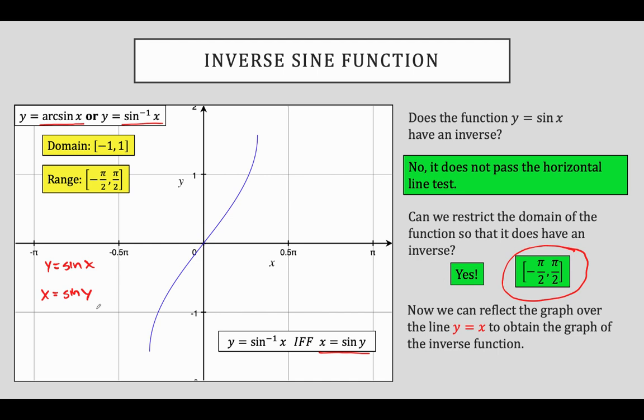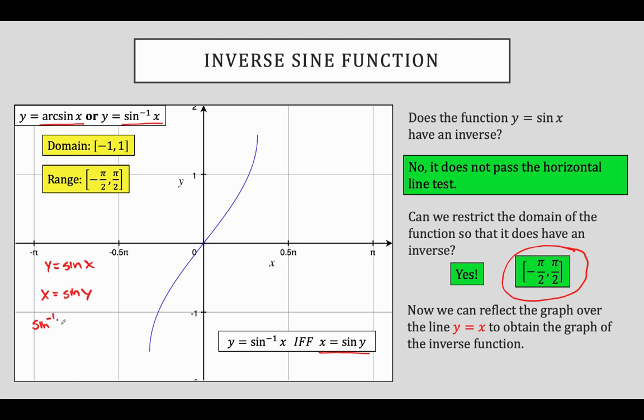And the only reason we don't like this notation is because we always like our functions written y as a function of x. So what would we have to do to isolate y? Algebraically, to undo taking the sine of something, you have to do the inverse operation of taking sine, and the inverse operation of taking sine is inverse sine.